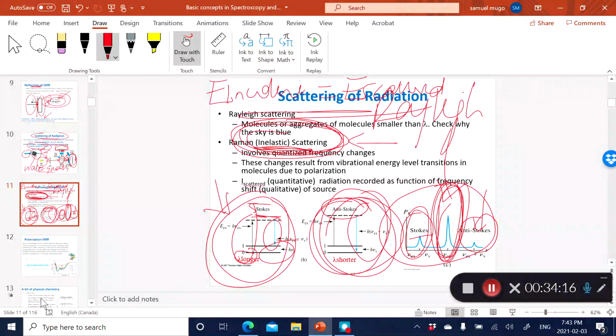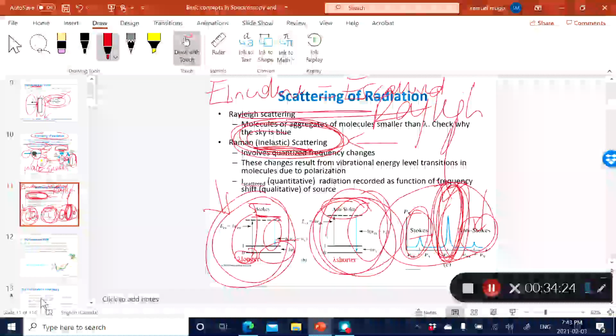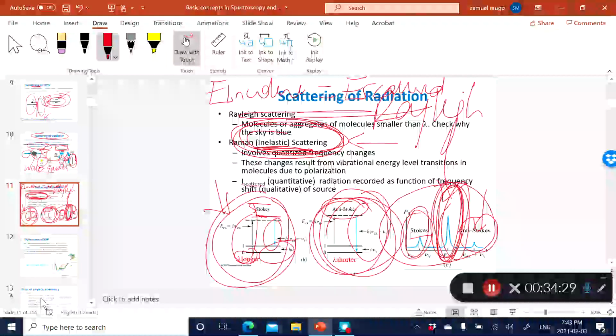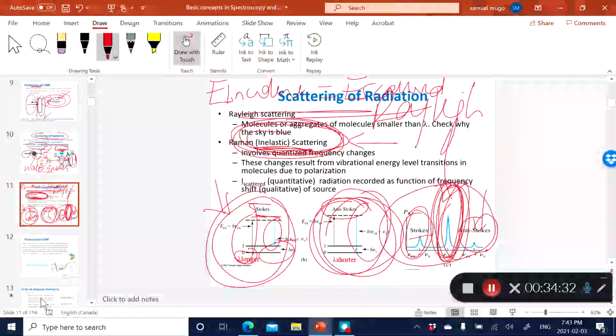So in the Rayleigh, the energy of the incidence is equal to the energy that is scattered. And because those energies are the same, it's not really analytically useful. However, it actually happens a lot. And so that's why you get to see that Rayleigh peak being fairly large. In fact, the Rayleigh scattering is the basis of why you see the sky being blue.